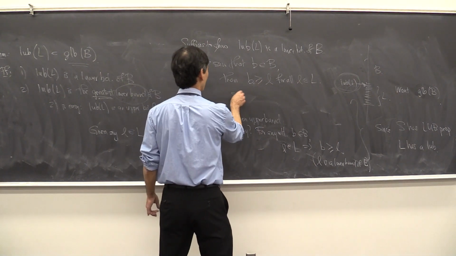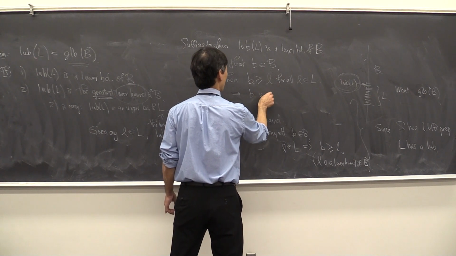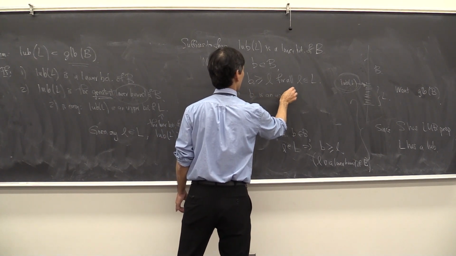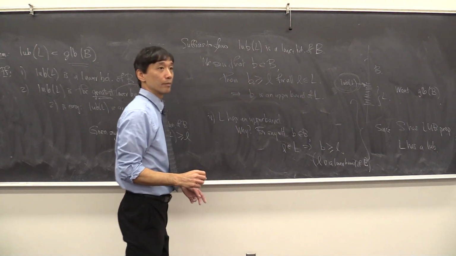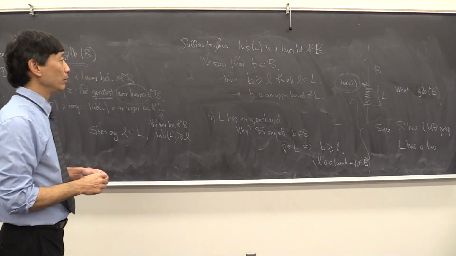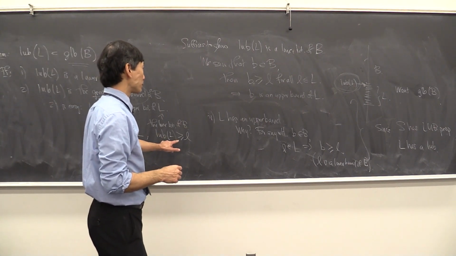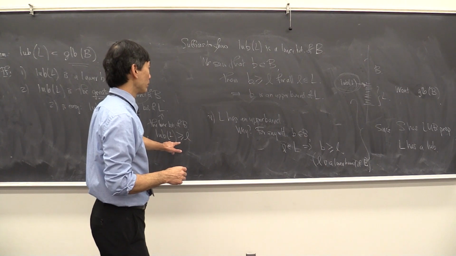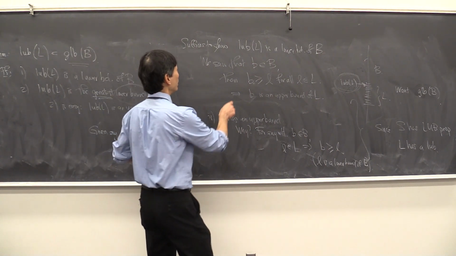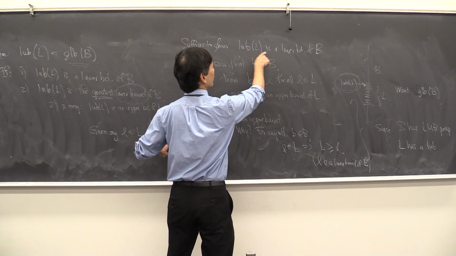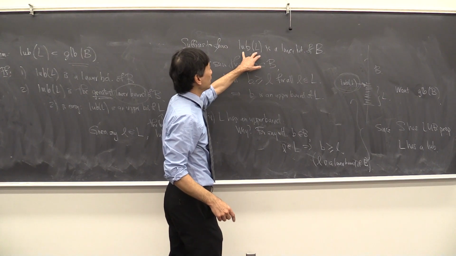That says that if you're in B, then b is an upper bound of L. But this thing here, we're trying to show that this is a lower bound of B.